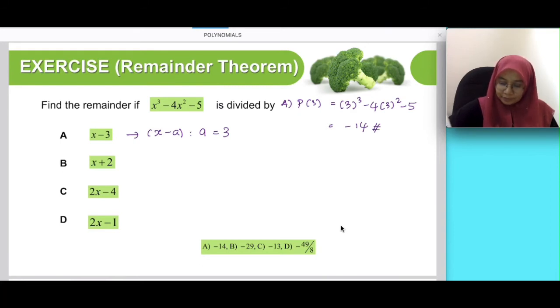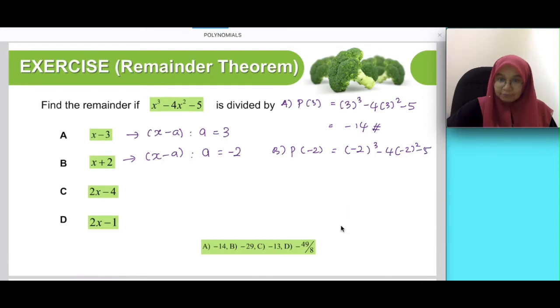How about B? B compare with x minus a. So your a is equal to minus 2. Right, so you just substitute, P(minus 2). So minus 2 to the power of 3 minus 4 times minus 2 squared minus 5. Okay, so here you will get the answer is negative 29.